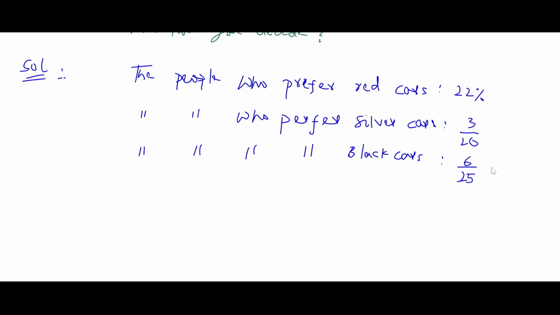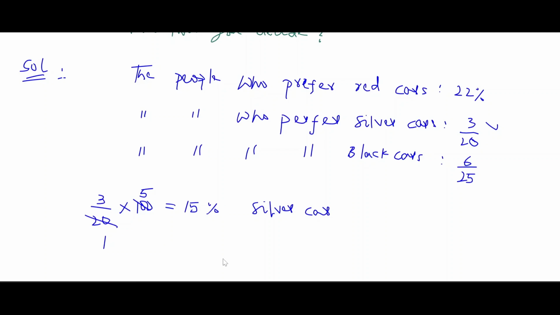Now we will convert 3 by 20, which is in fraction form, into percent form. You can multiply by 100. It can be converted easily, so it will become 15% who prefer silver cars.